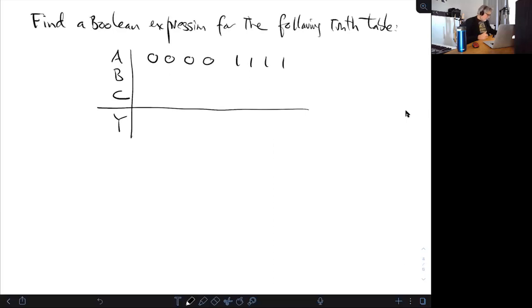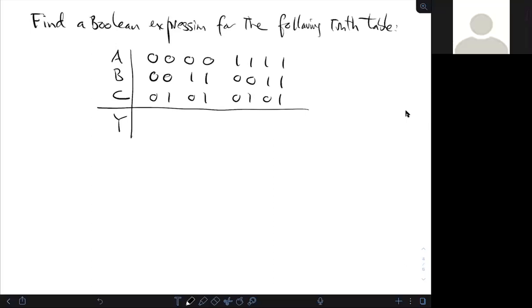Then I double the rate at which these change: 0, 0, 1, 1, 0, 0, 1, 1, and then 0, 1, 0, 1, 0, 1, 0, 1. Or again, you can start in any direction you prefer, and just count in binary from 0 to 7. That's the same.